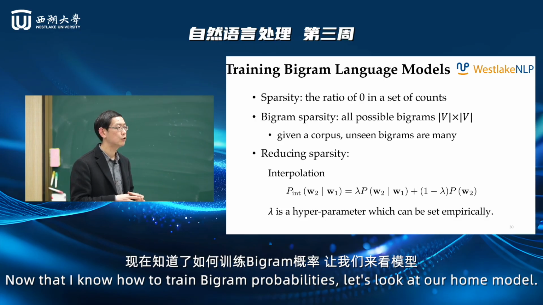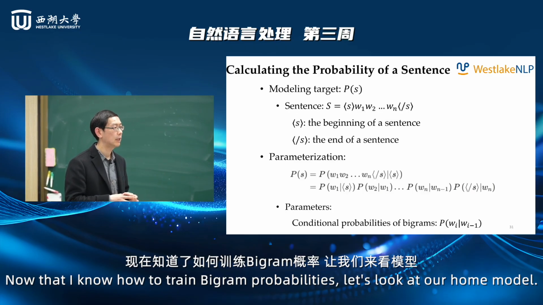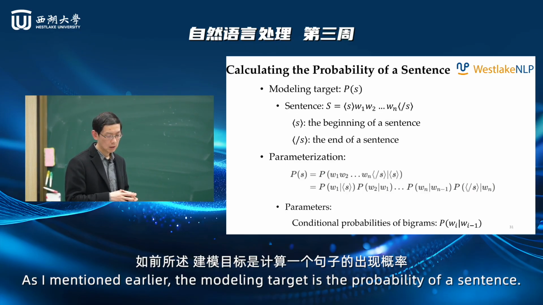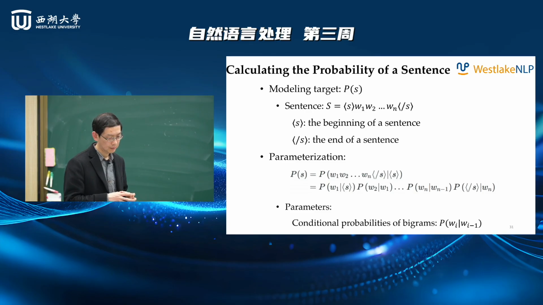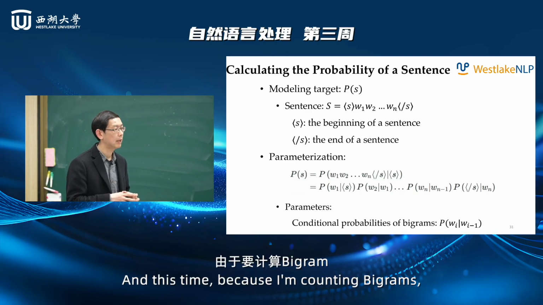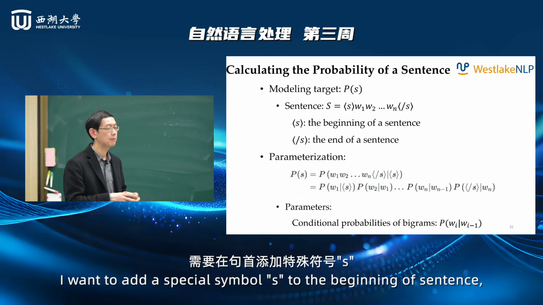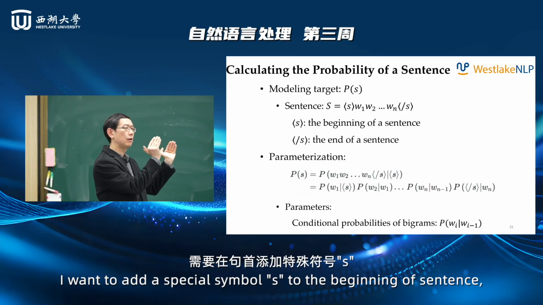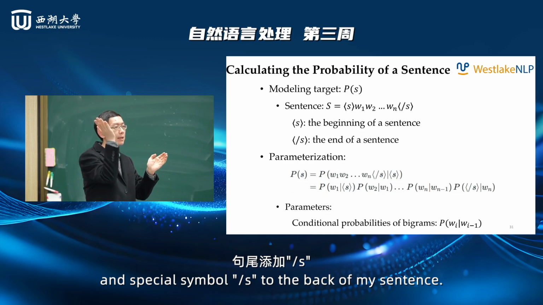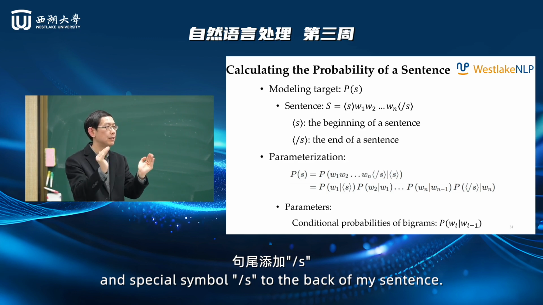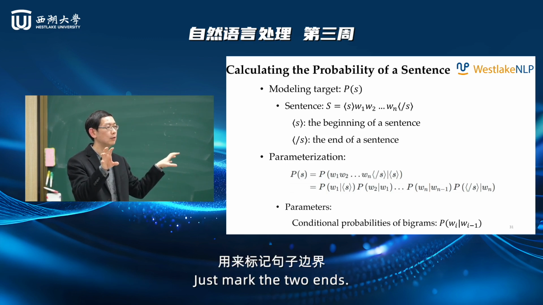Now that I know how to train bigram probabilities, let's look at our whole model. As I mentioned earlier, the modeling target is the probability of a sentence. This time, because I'm counting bigrams, I want to add a special symbol <S> to the beginning of the sentence, and a special symbol </S> to the end of my sentence, just to mark the two ends.